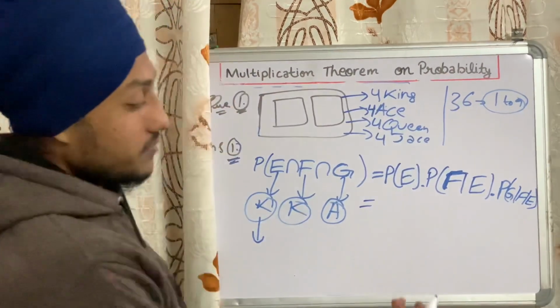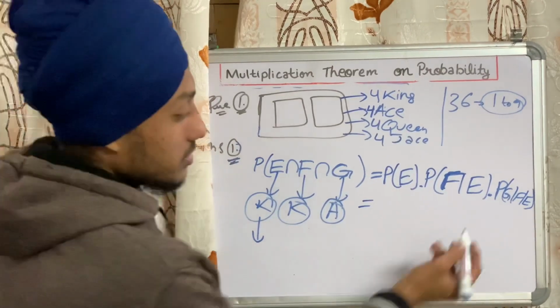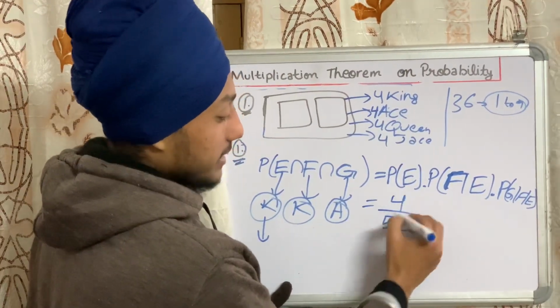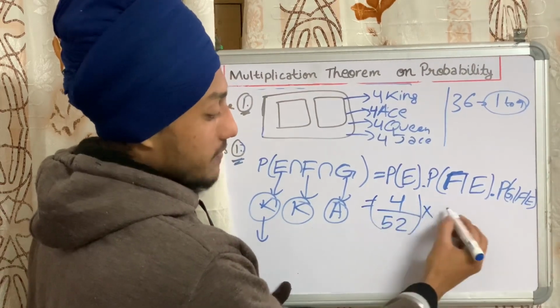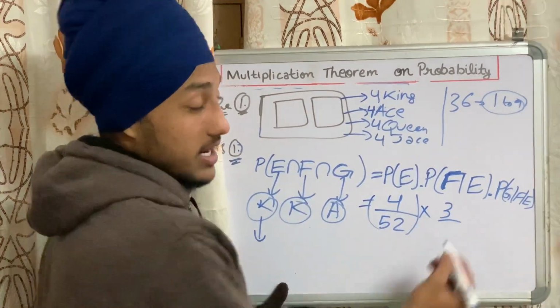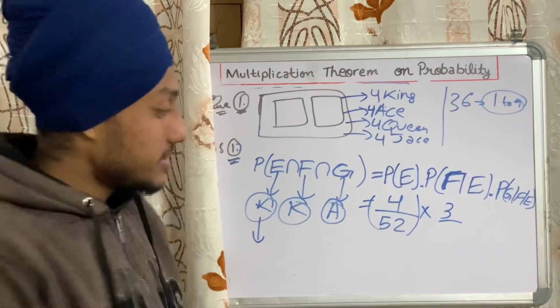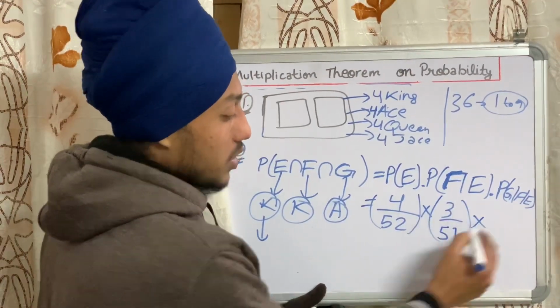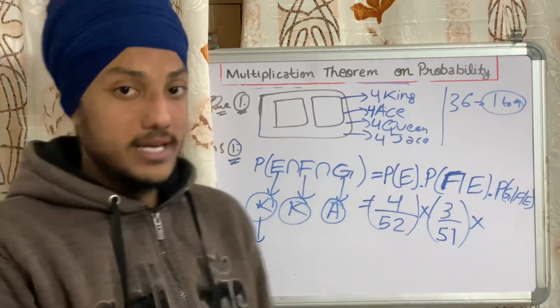So we don't have to write it as a whole, because we know that first of all we have 52 cards and we have 4 kings, and after it we have remaining 3 kings, because one we have already chosen. So this is the method we are going to use here, because the condition has already occurred.